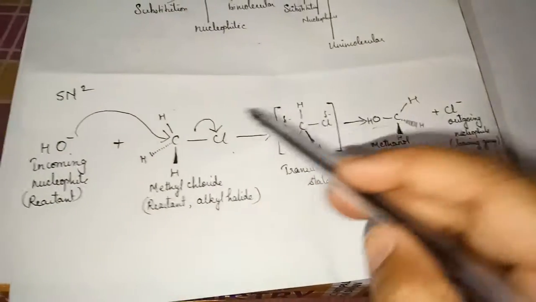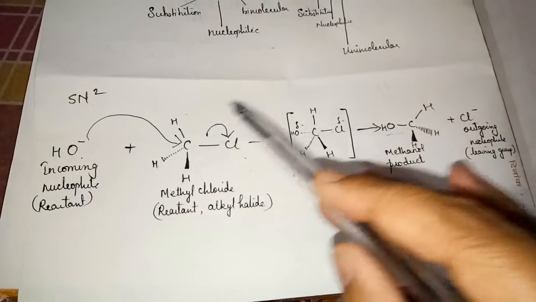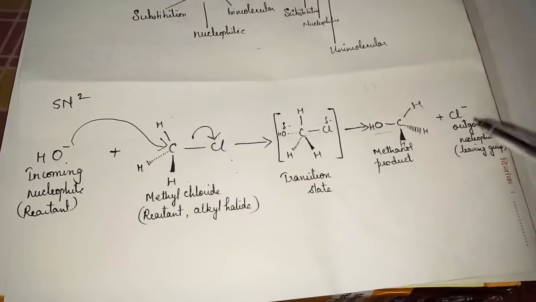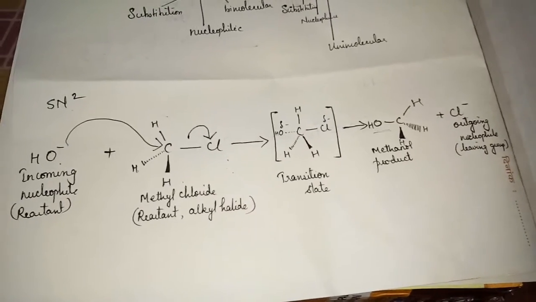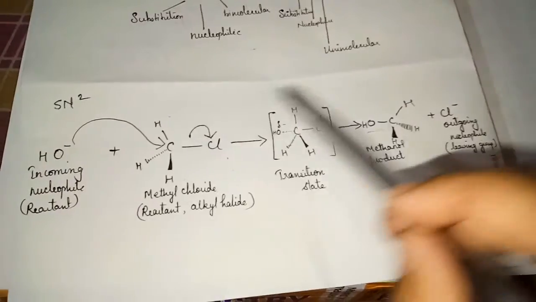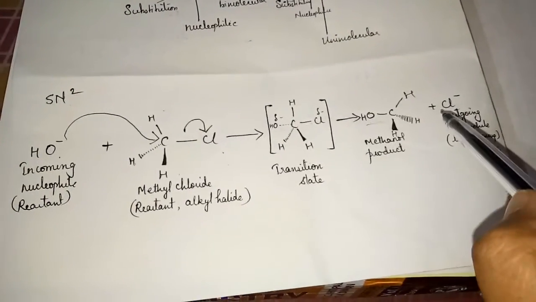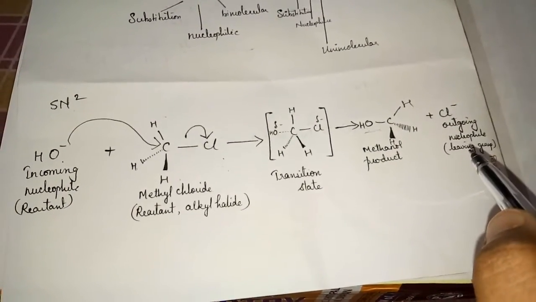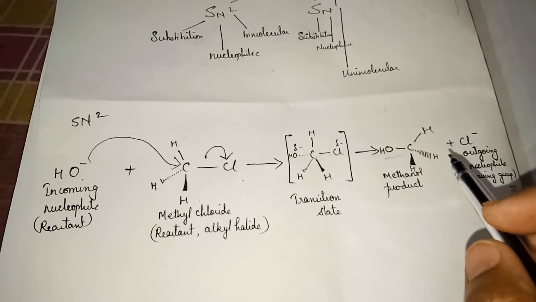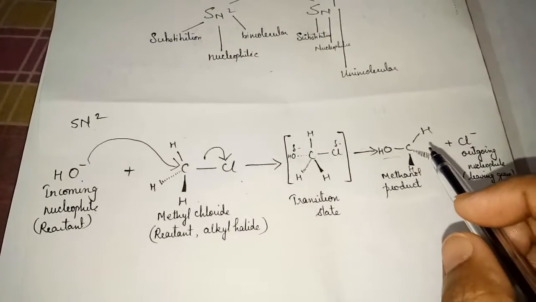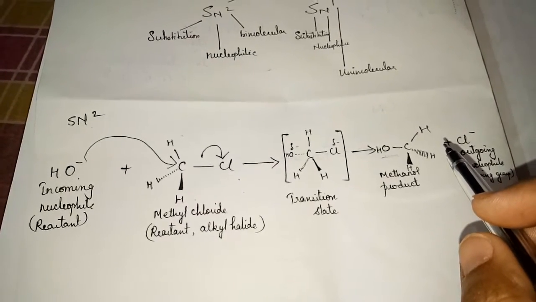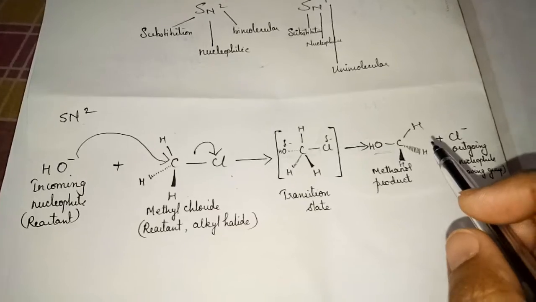Clear? So the umbrella gets inverted in a similar way as an umbrella turns inside out in a strong wind. This type of inversion is also called Walden inversion. Clear? Now next is SN1 reaction, that is substitution nucleophilic unimolecular reaction.